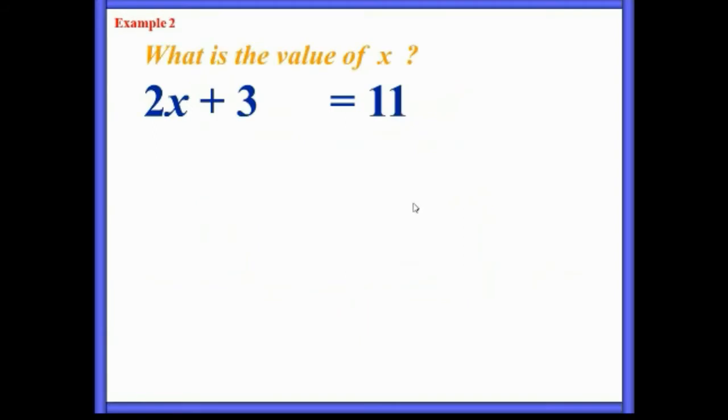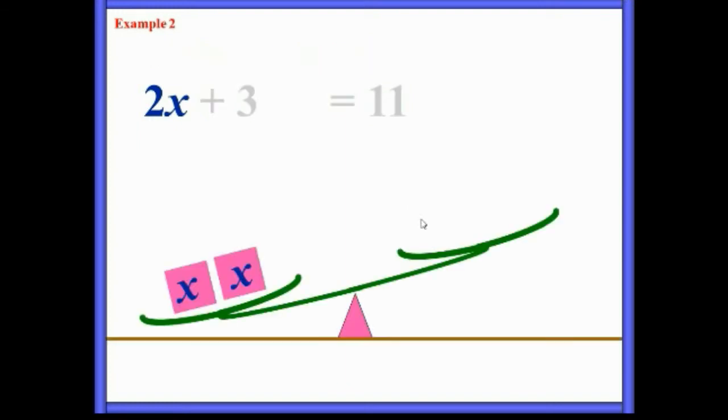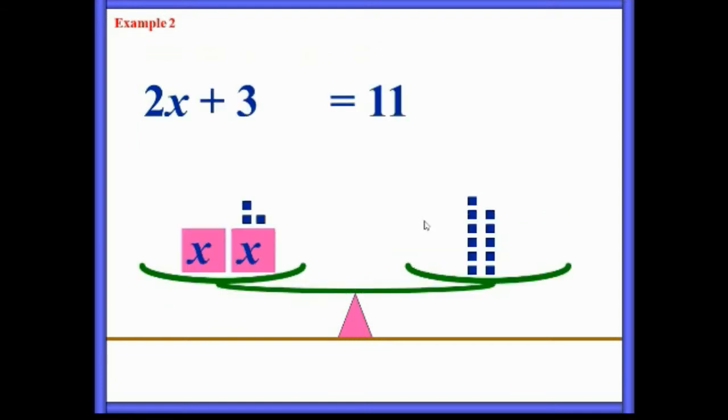Second equation, 2x plus 3 equals 11. We need to find x equals what? So let's say this is 2x plus 3 equals 11. It is now balanced, right? Now I need to know x equals what? So first thing I'm going to get rid of is the number alone, not with the letter, the number alone.